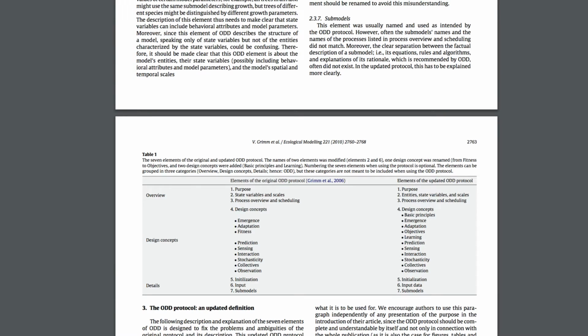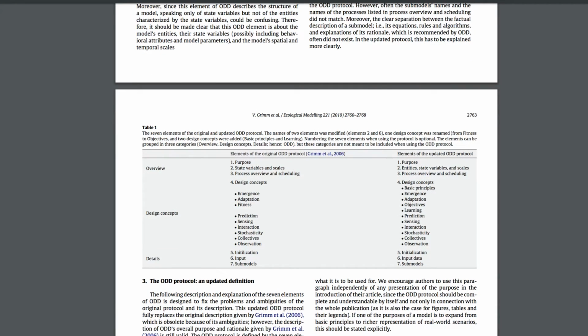It makes more sense, I think, in many cases to have the ODD protocol in an appendix for those individuals who want to look at the model in more detail, right?